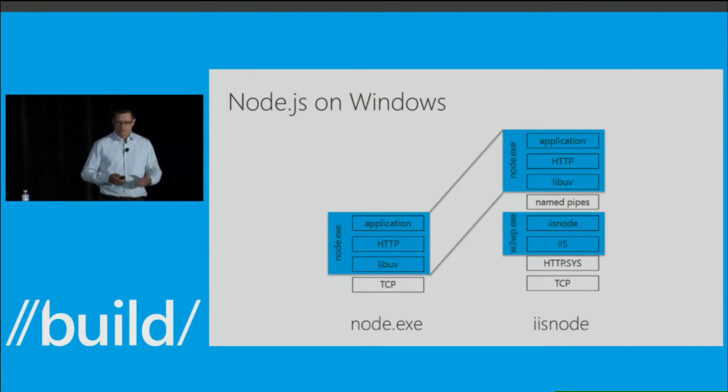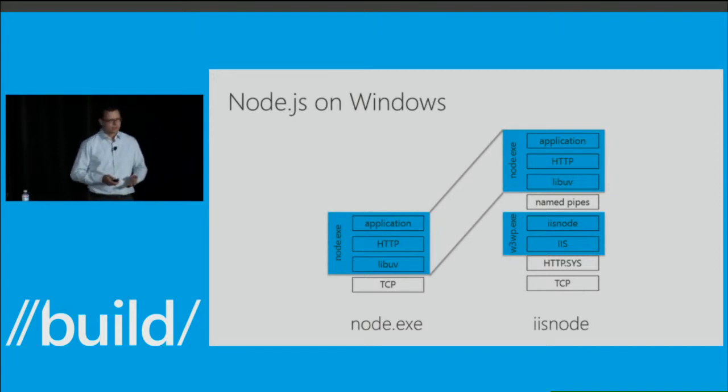One other benefit of hosting your Node.js application in IIS is related to scale out to multi-core machines. Node.js runtime itself is single-threaded. It's event-driven and single-threaded, and the implication of that is that a single instance of a node.exe process can only saturate one CPU core.